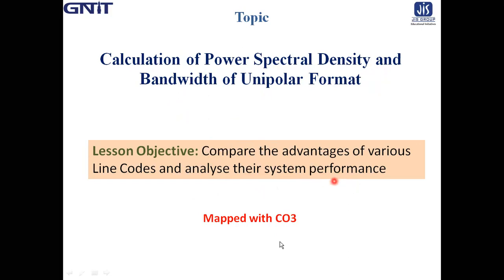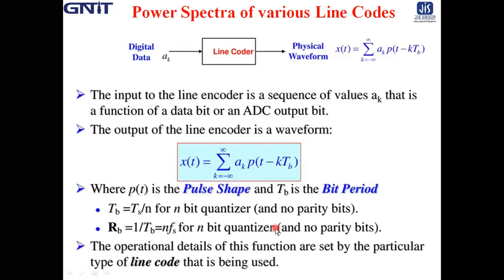This topic is mapped with CO number 3. So let us start lecture number 2 from the module of line codes with the topic of power spectral density.